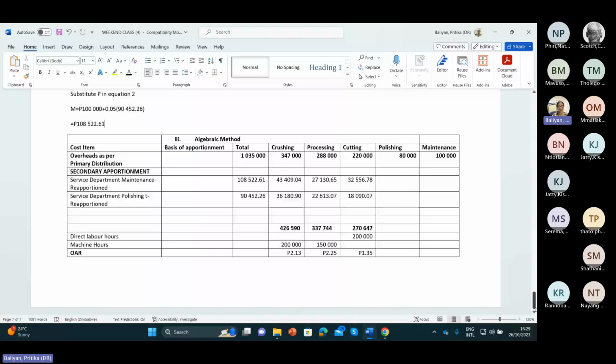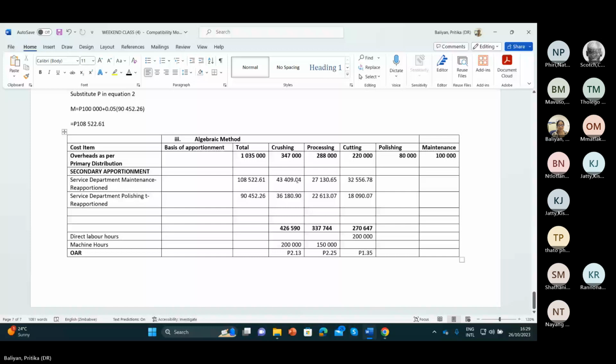So can you calculate 40% of this total overhead cost of the maintenance department? The total is 108,522, 40%. So the maintenance department, 40% is working for the crushing department.